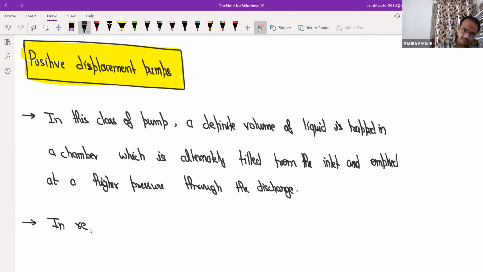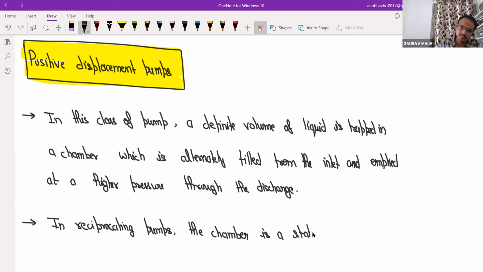In reciprocating pumps, the chamber is a stationary cylinder that contains a piston or plunger.